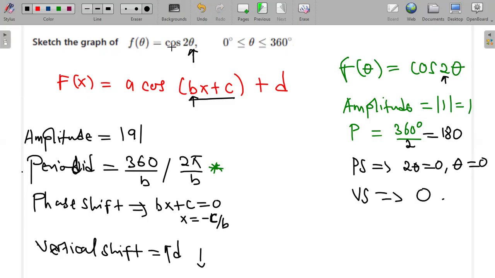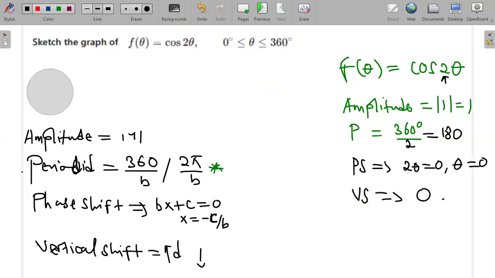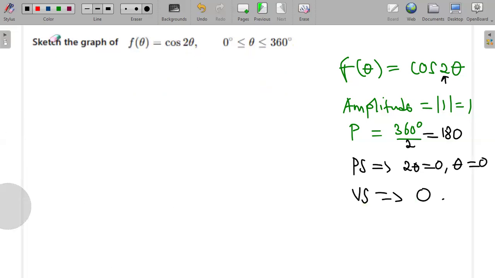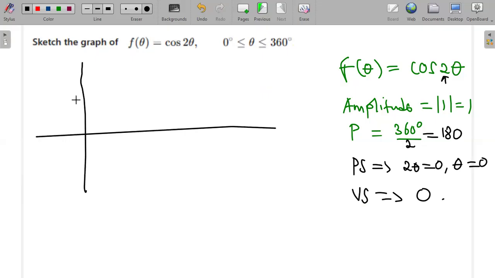Okay, so now to sketch this one, we just have to go back to the general graph of the cos. So the cos is like this. It goes from 1 to minus 1. And then I have 90, I have 180, I have 270, and then I have 360. So it starts at 1, passes through the 90, and then ends at 180.